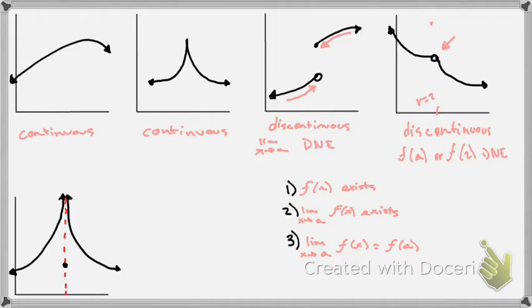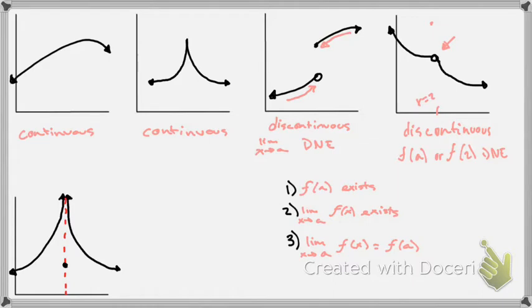Now for our final one down here, we're going to look. So is there at any point in this graph a hole, a point that just doesn't exist? Well, no, because at every single x, you can plug in any single x and you're going to get a y value. So that one is okay.